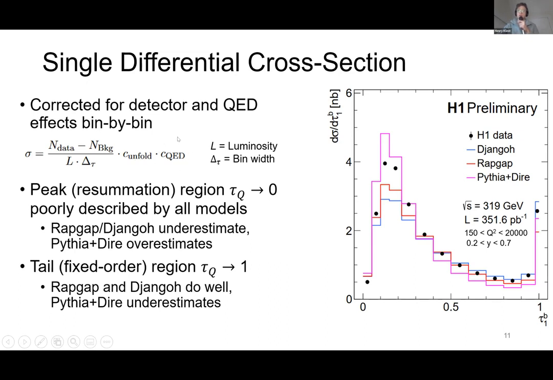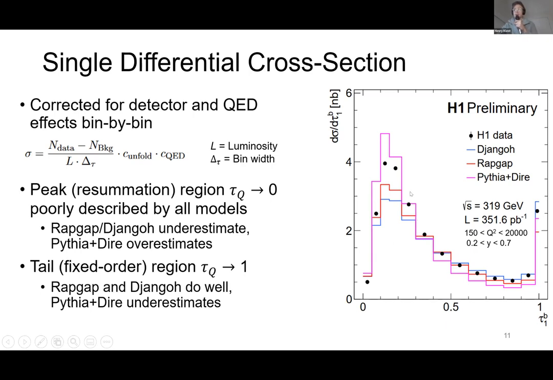And then the C_QED is a QED correction factor, which is taken by comparing radiative and non-radiative Monte Carlo. So the cross section that we're reporting here is basically the particle level. We're extrapolating the data to the non-radiative particle level.